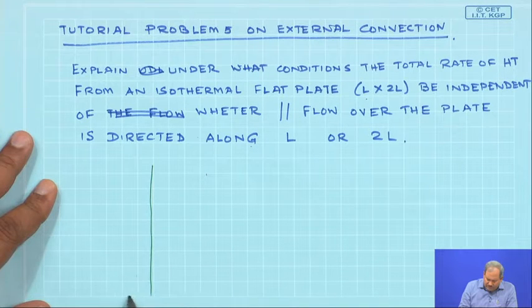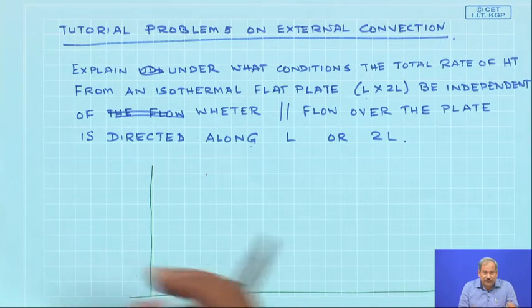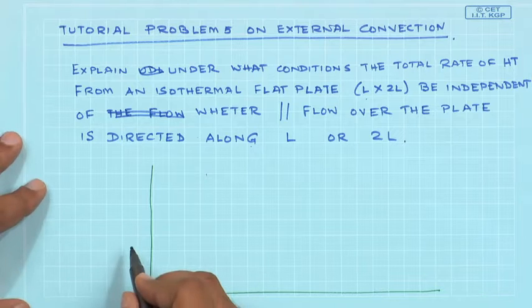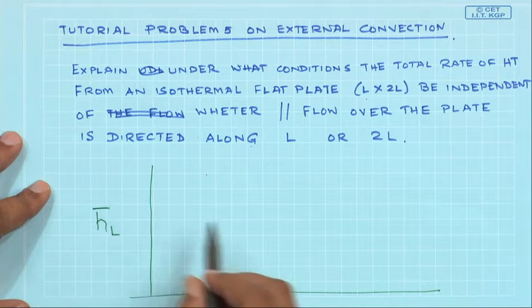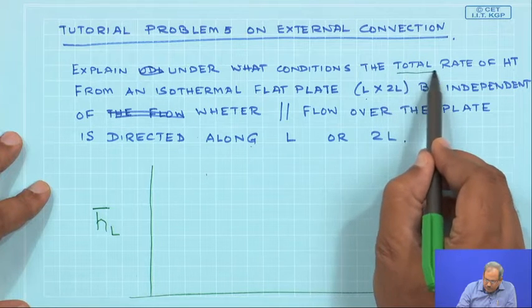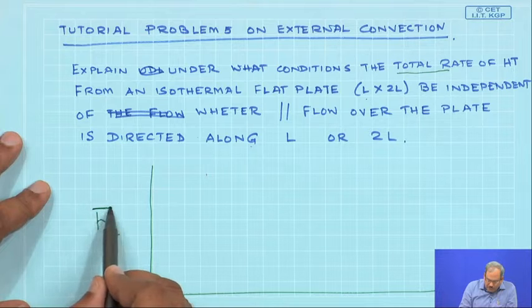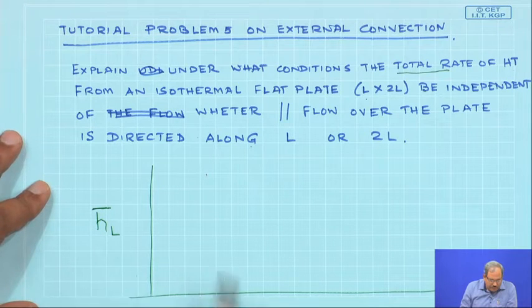So, I am going to draw this graph once again of the variation of heat transfer coefficient with distance, and then we will discuss it in order to identify the special case when this is possible. So, let us look at how the heat transfer coefficient varies with location. This is my average value, since I am talking about the total rate of heat transfer, so I must deal with the average value of the heat transfer coefficient.